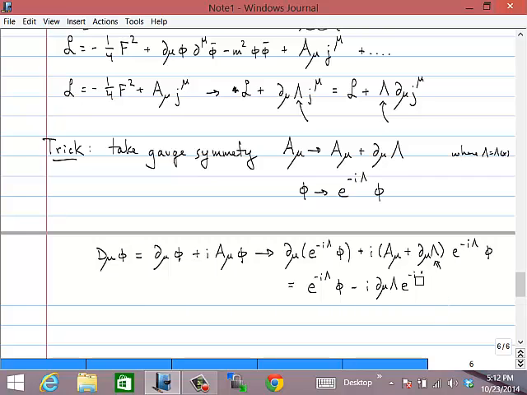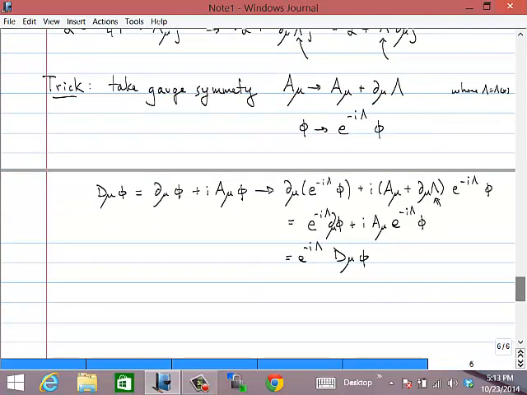So all you'll get is e to the minus I lambda d mu phi plus I times A mu e to the minus I lambda phi, which is e to the minus I lambda times D mu phi. So what this means is that D mu phi times D mu phi bar is gauge invariant.